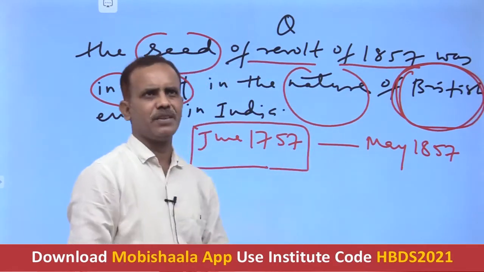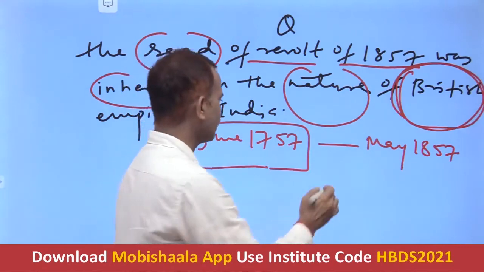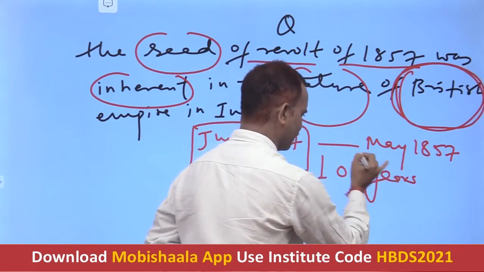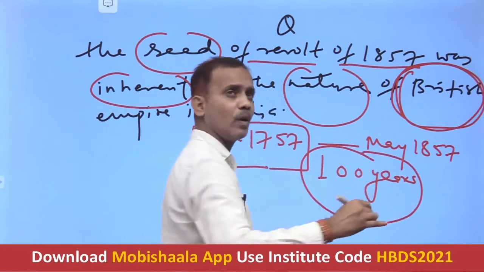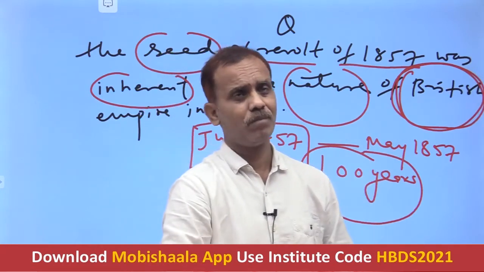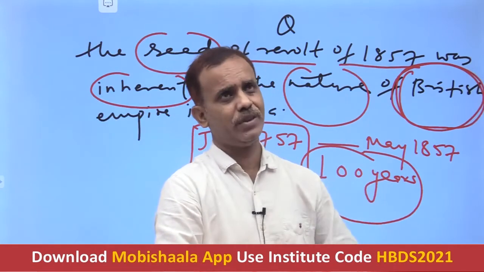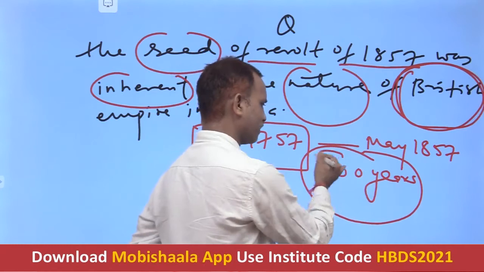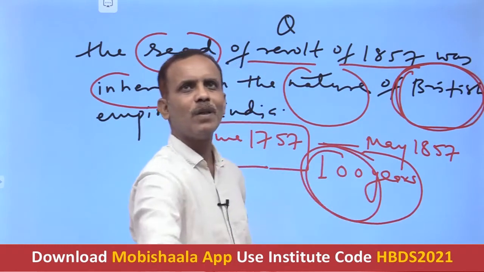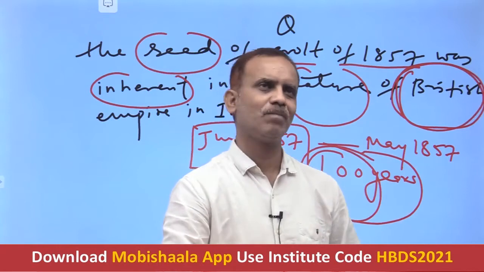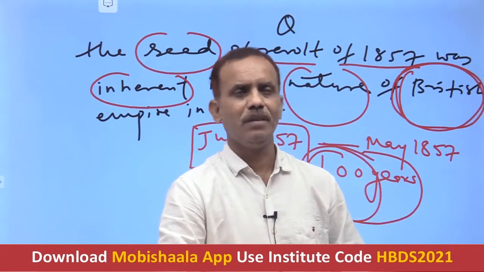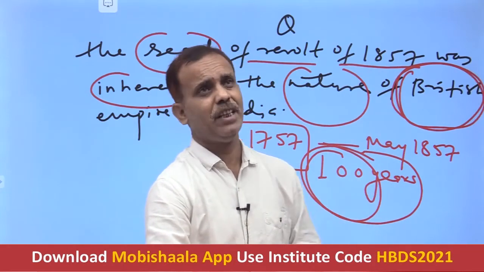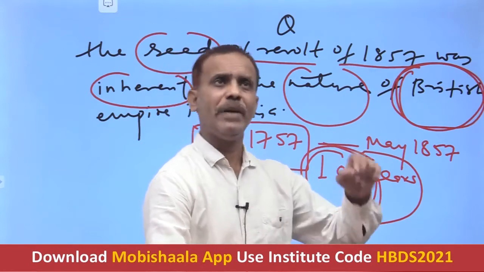In between this period, there is nearly 100 years. And so, we have to explore the basic causes of this revolt in this 100 years. So let us proceed and find out the basic causes behind such a devastating revolt of 1857.